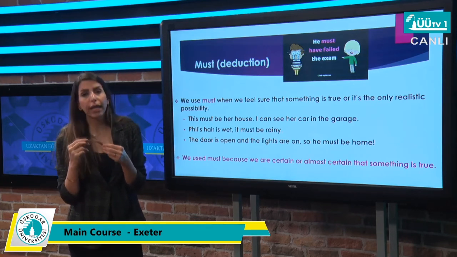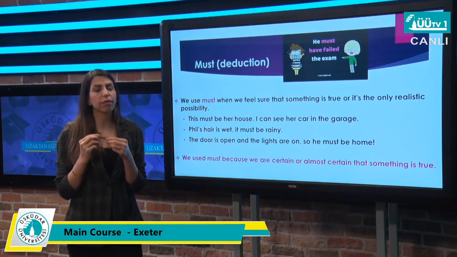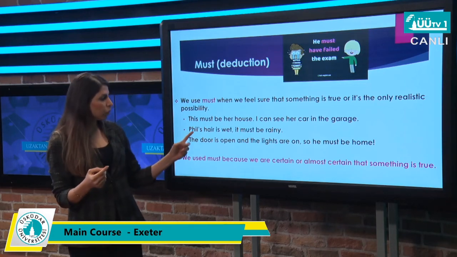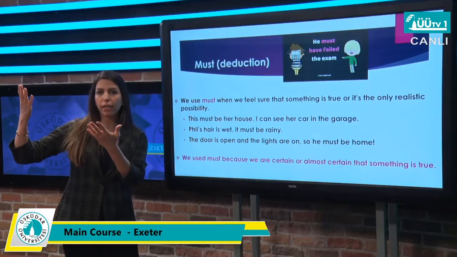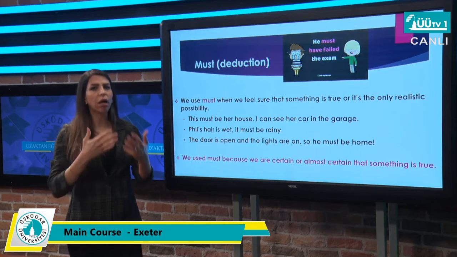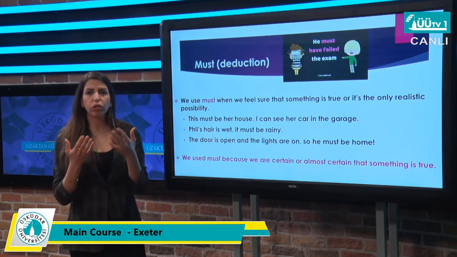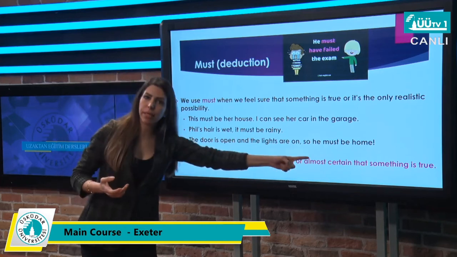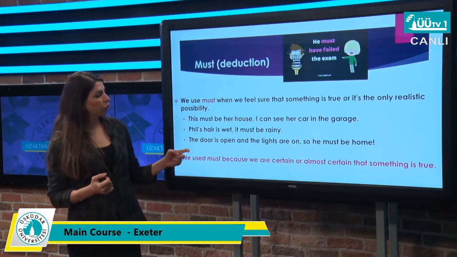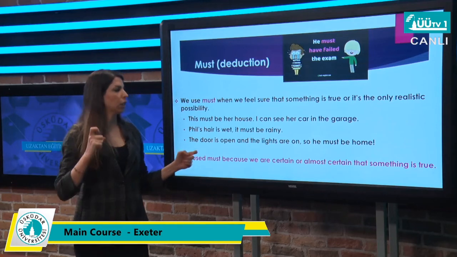Yes, it is rainy. So this is your guess. This is your deduction. So Phil's hair is wet. It must be rainy. The door is open and the lights are on, so he must be home. The lights, the door, these are all evidence that you come up with this solution. He must be home. So whenever you're certain, must.